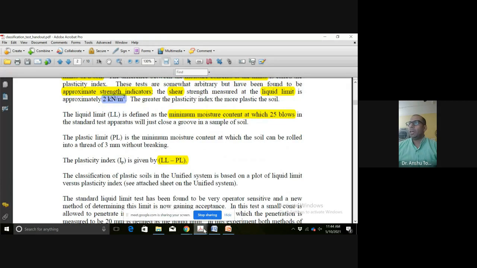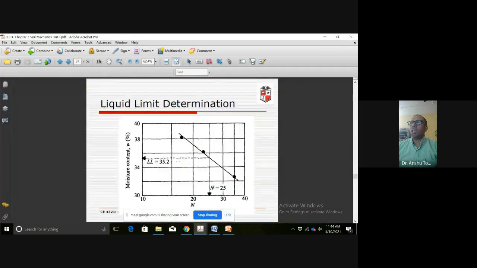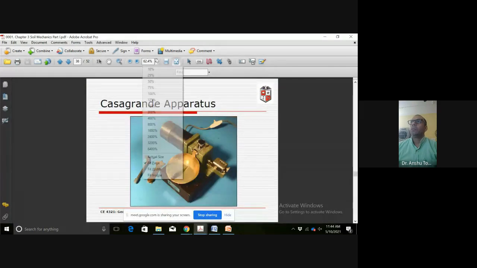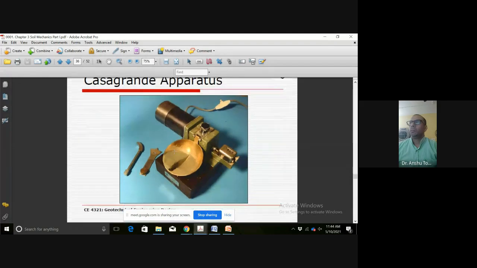Now I have opened the apparatus also. This we have discussed the other day. I had shown you this instrument. In this we fill the sample up to 10 mm, that is 1 centimeter, and after that we mark a groove for a certain width, that we will see later on, and then we give the blows using this particular rotation from here, and these blows are being counted.